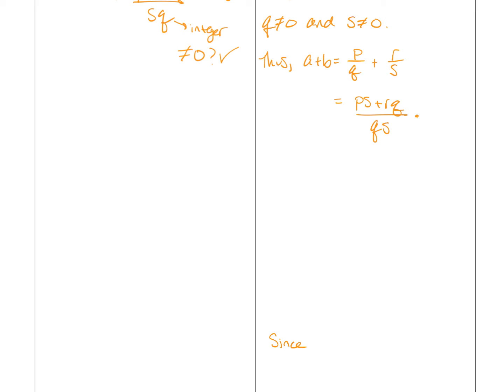All right, now I just have to talk about the details, right? That the top and the bottom are integers and the bottom is not zero. So since PS plus RQ is an integer, and QS is an integer, and QS is non-zero by the zero product property, because we know neither Q nor S are zero.